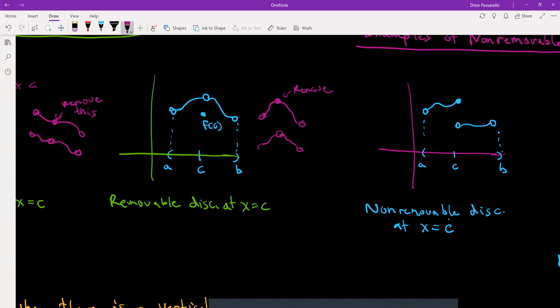But the original, if I can move the dot back in place, I can connect the graph. So I can think of removable as the graph can be connected. The function can be redefined so that it's connected at C.